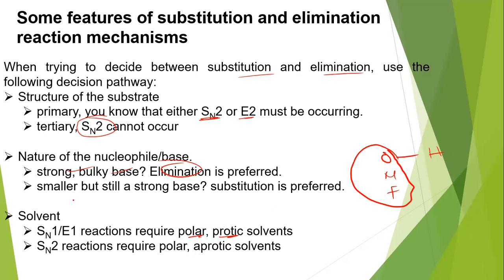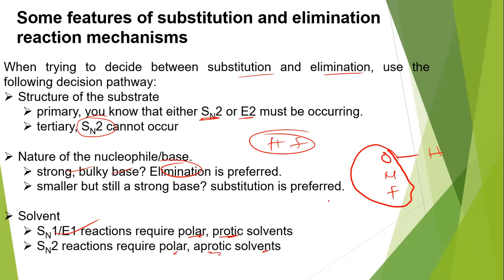And polar protic solvents favor SN1 and E1 reactions. Examples of polar protic solvents are water, alcohol, formic acid, ammonia, acetic acid, and then HF. This is also a solvent. Good. Then SN2 reactions require a polar aprotic solvent.